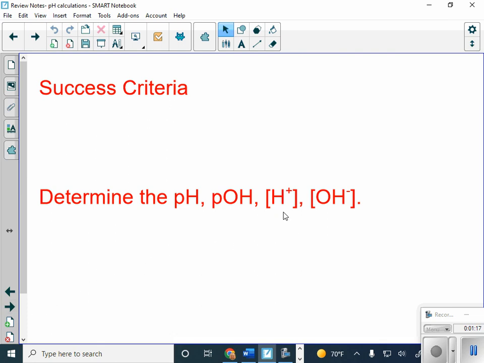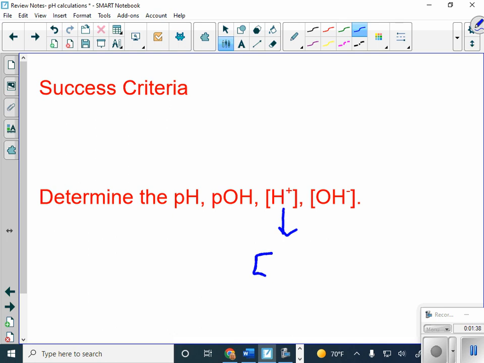So let's look at this a little bit. Anytime we have these brackets around something, like around the OH minus, that's the concentration of. Sometimes on WebAssign, you're going to see the hydrogen ion concentration written like this.